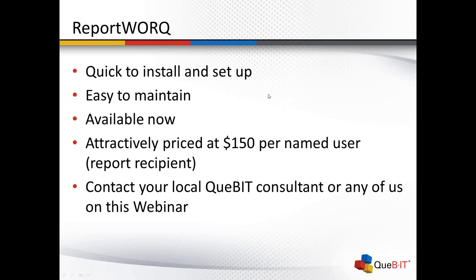We are pricing it at $150 a named user. It is a separate license from OLAP Objects. That's one of the questions that came up on the webinar. If you're interested in seeing more about ReportWorks, contact whoever your QueBIT consultant is, or contact Dominic or myself or Mike Cowie or AG or anybody else who's on this webinar.